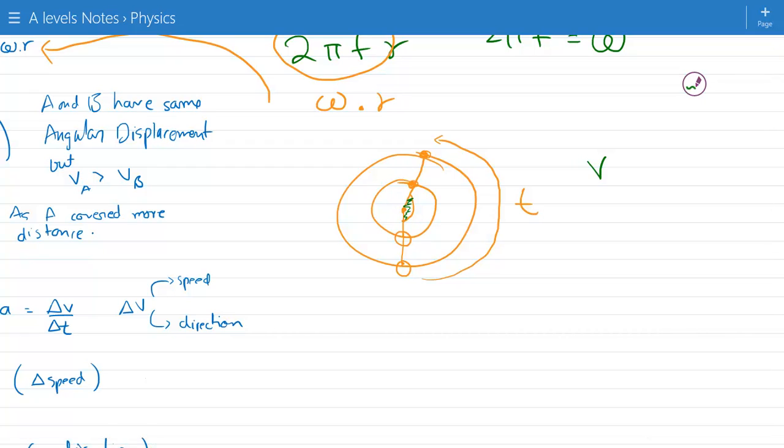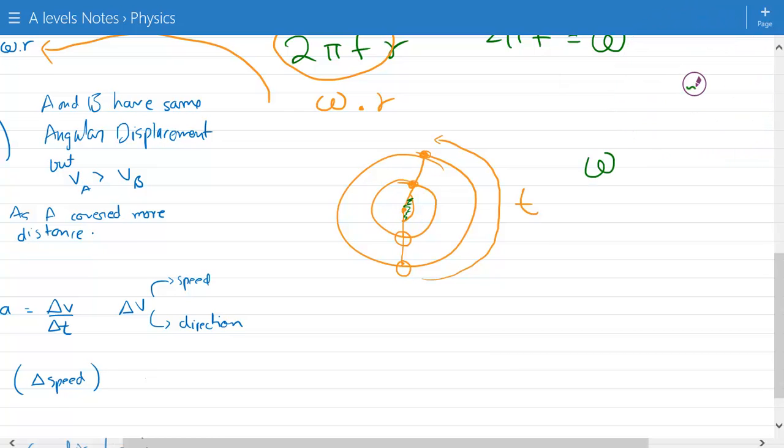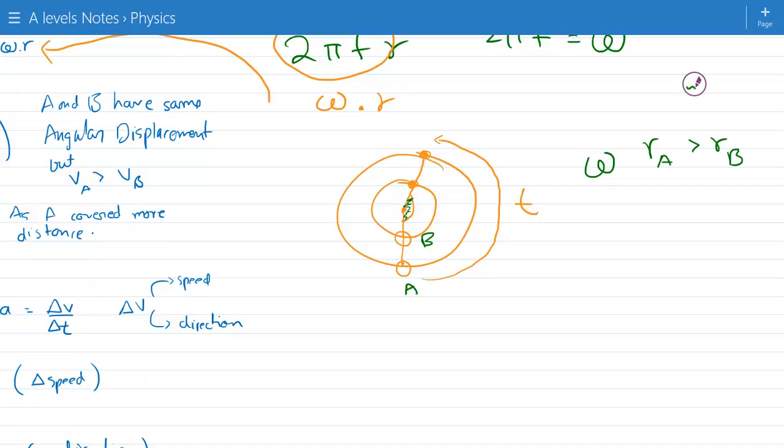However, you can clearly see that this circumference is bigger than this circumference, right? So their angular velocity is omega, pretty simple. But since the radius of, oh, I forgot to label them, this is A and this is B, right? Makes it easier. So the radius for A is greater than the radius for B, right?